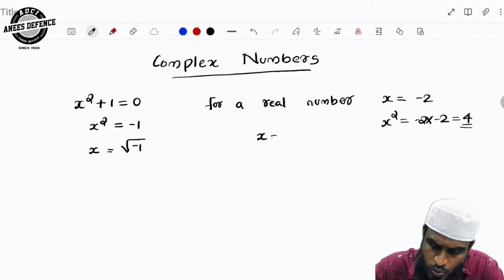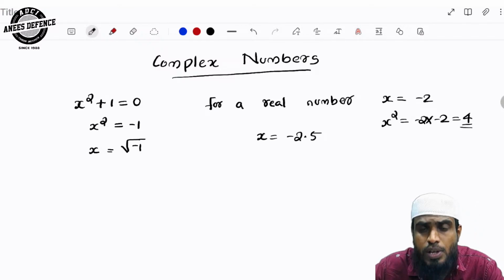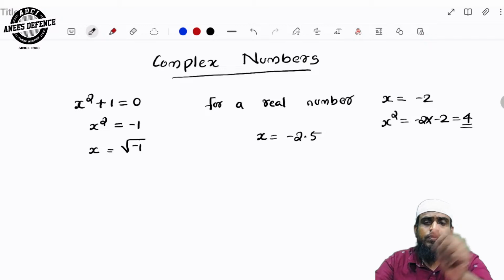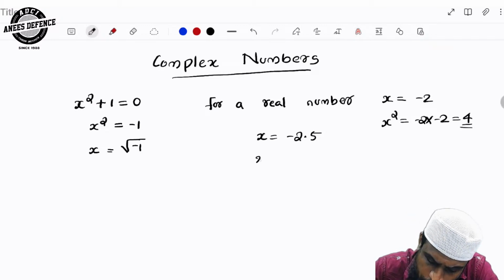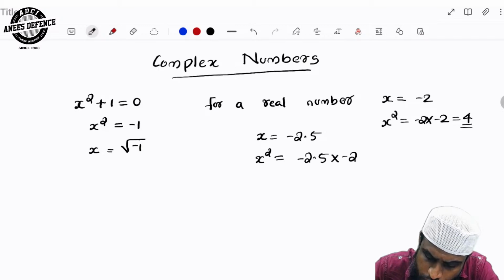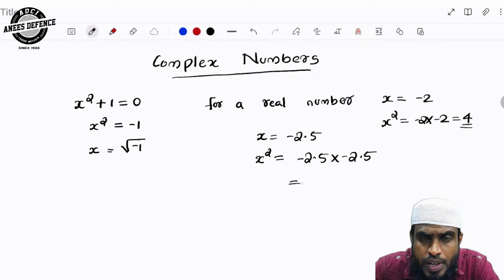X is equal to minus 2.5, that is also a decimal number, also a real number. So what is x square? X square is equal to minus 2.5 into minus 2.5, negative into negative, positive, 2.5 into 2.5, actually 6.25.